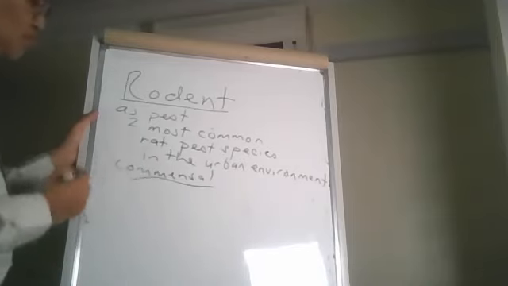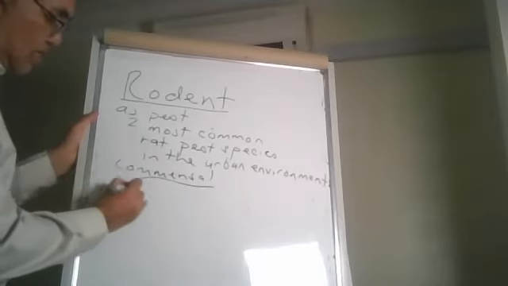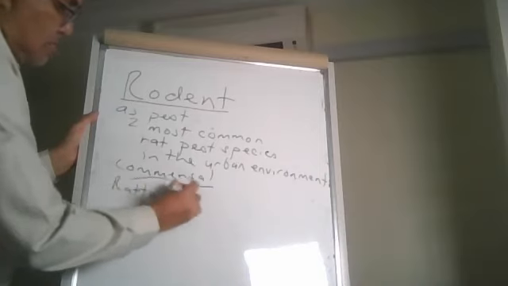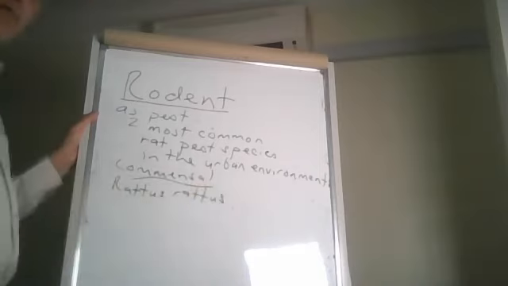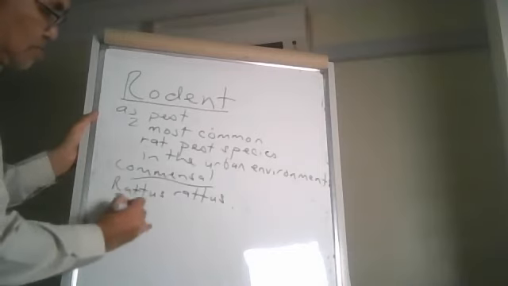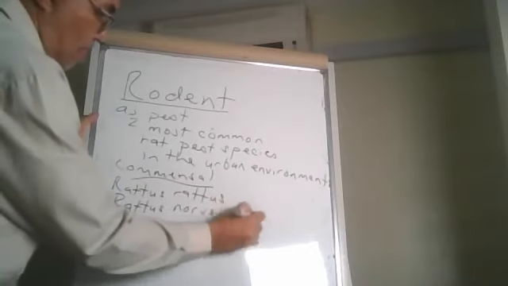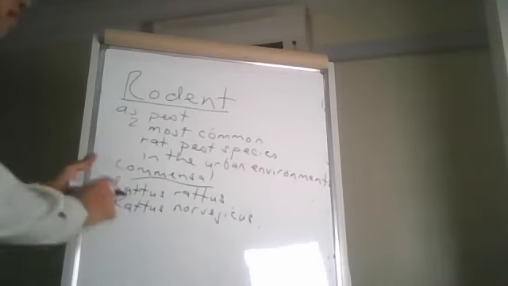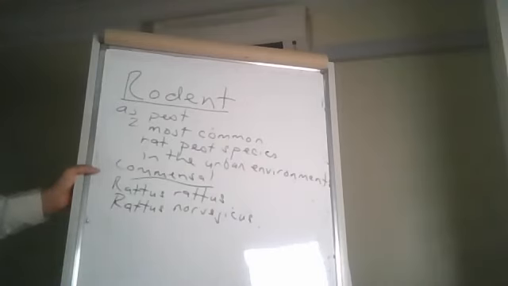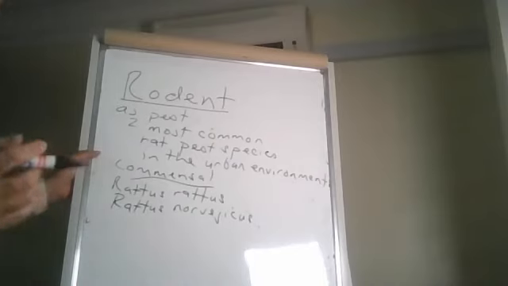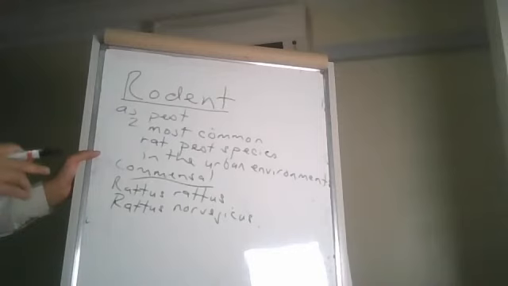And the two most common rat species are, number one, Rattus rattus, and the other one is Rattus norvegicus. Okay, so this is the house rat. They come in by many different names, but we do not associate a species by its colloquial or local name, because it will be referred by many different names all over the world.